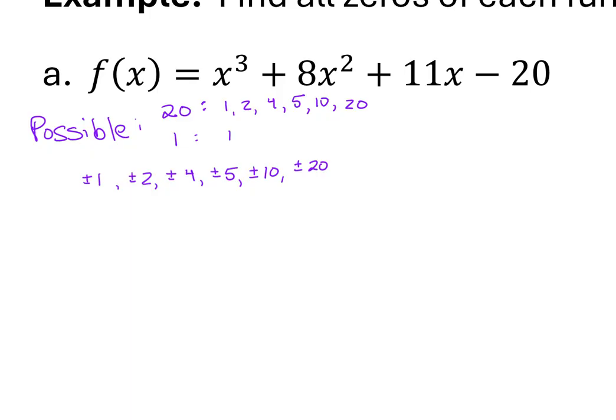Then we want to start testing these, so we're going to use synthetic division. If you want, you can use the table features on your calculator to get you started.